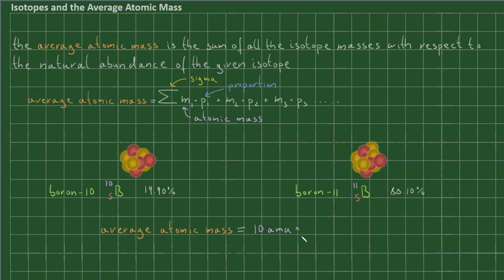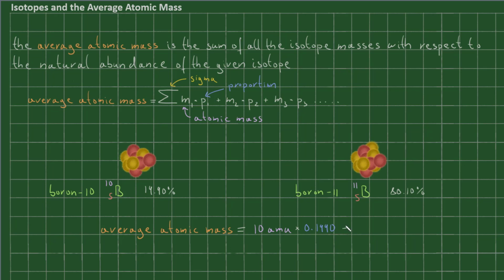Here you have to be a little bit careful. I need to multiply by the proportion, not the percentage. The way to express a percentage as a proportion is to simply divide it by 100. So 19.9% divided by 100 is 0.1990. So this takes care of boron 10.